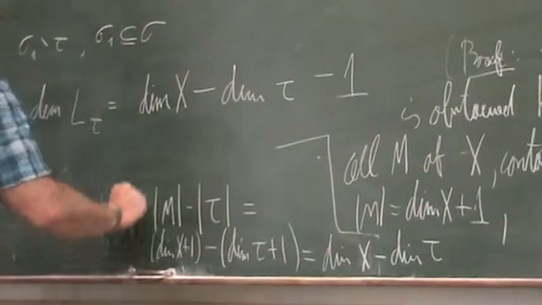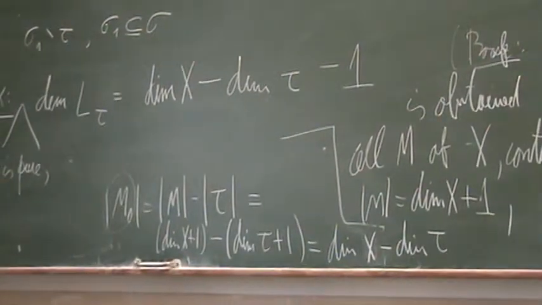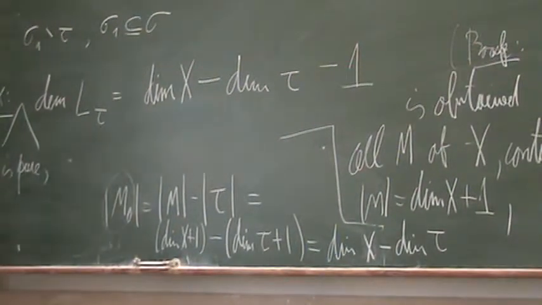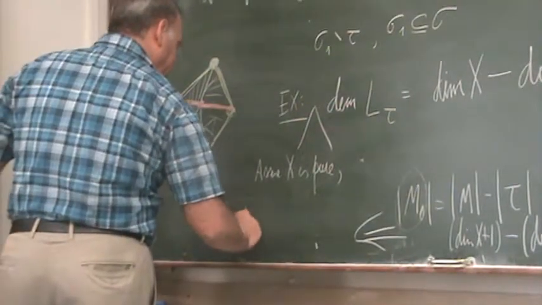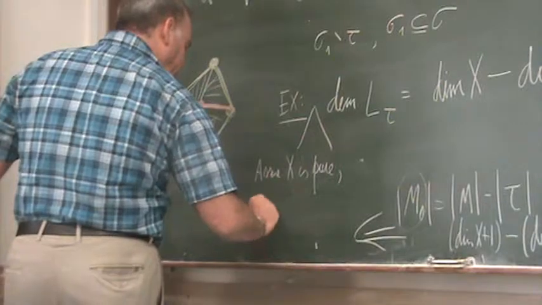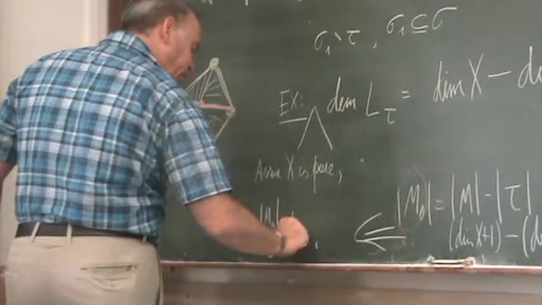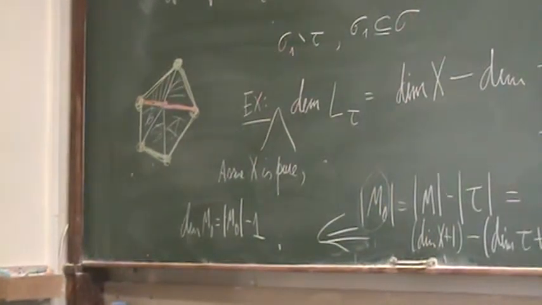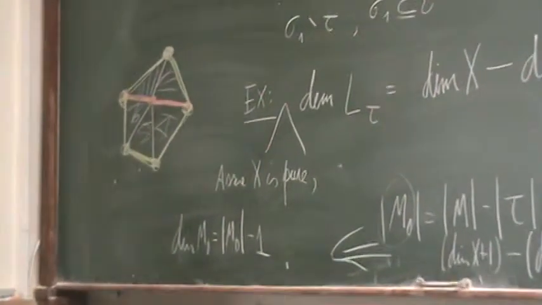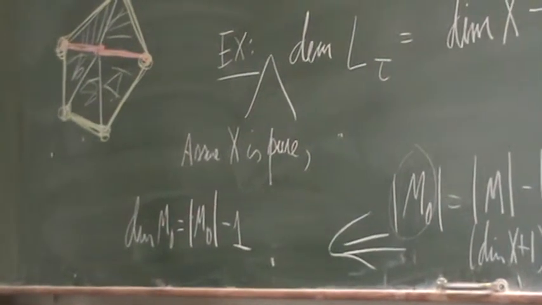But this is the size of a maximal simplex, which implies that the dimension of M0 is the size of M0 minus 1, and that's exactly what we claim. That is the trivial exercise. But I know that I was confused about it, so I wanted to do it.